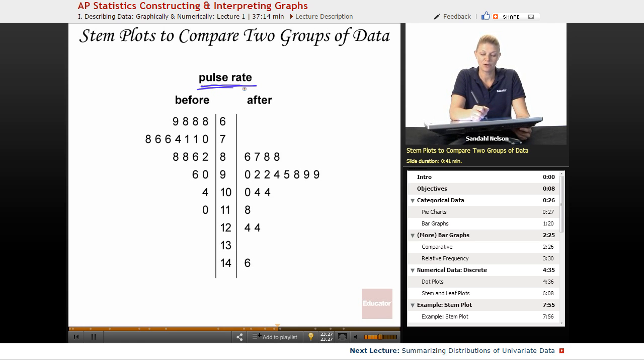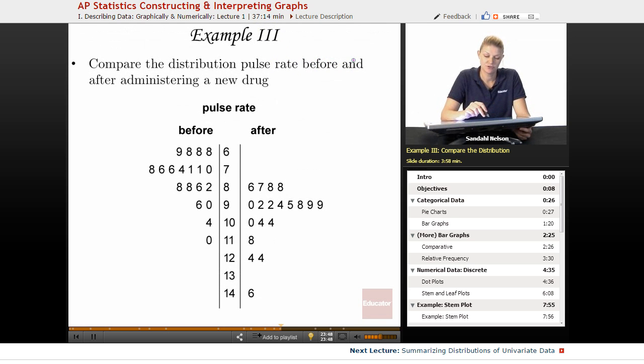They took people's pulse rates before and after they did a cognitive test on them. Oh, actually, it was a new drug. Sorry. We're going to compare the distributions of pulse rates before and after administering a new drug. So it could be a new drug, it could be giving a test.